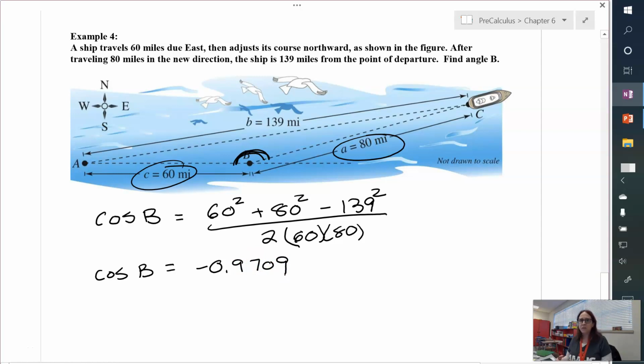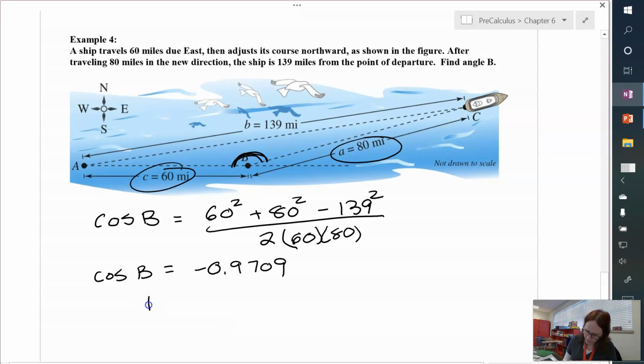Then I'm just going to inverse cosine that, and angle B is 166.15 degrees. It doesn't say to round, so I'm okay with 2 decimal places.